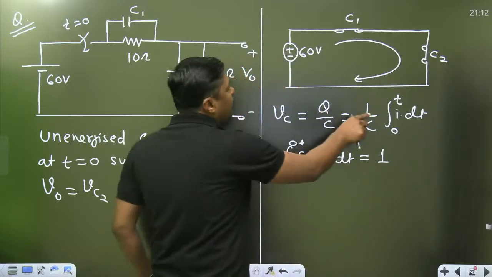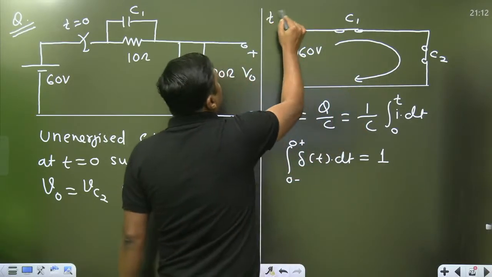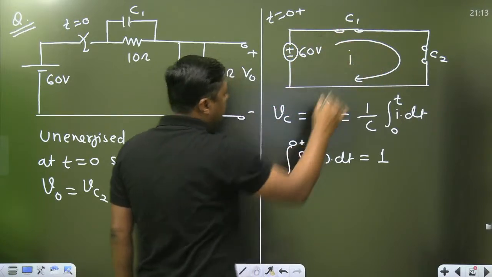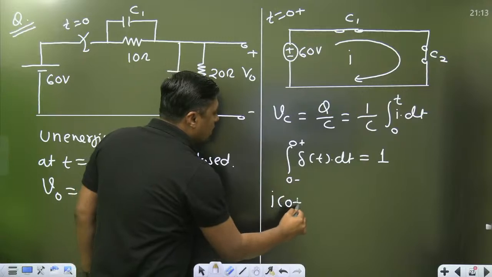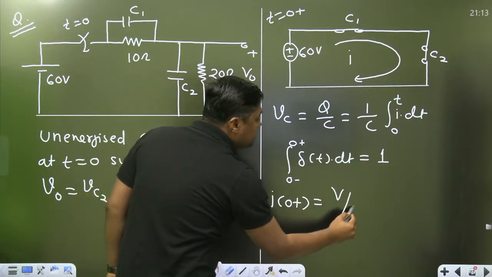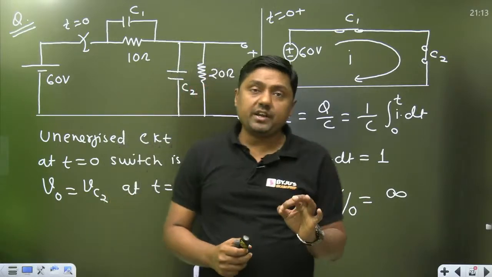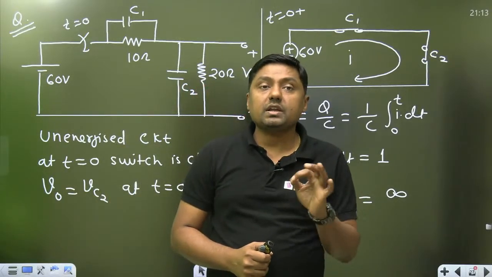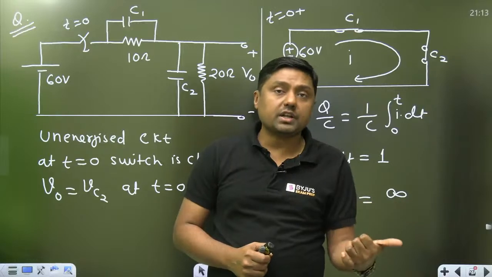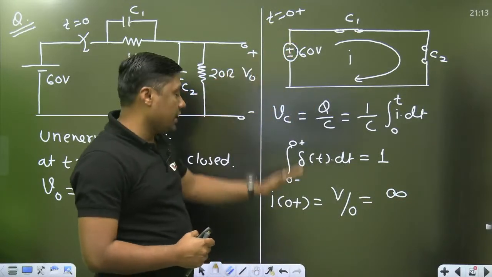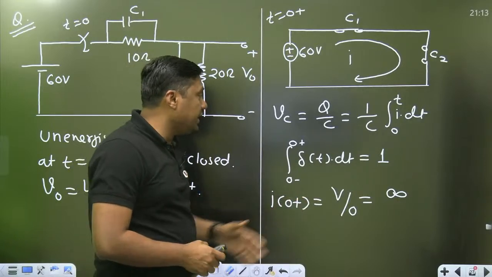If the current is infinite, watch this diagram. Exactly at t equal to 0 plus, both the capacitors act as short circuit. What is the current here? V by 0, that is infinity. If the current is infinite, the capacitor will allow sudden change of voltage.